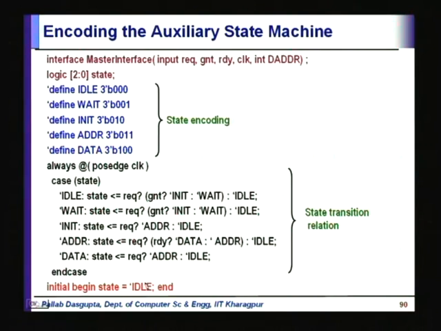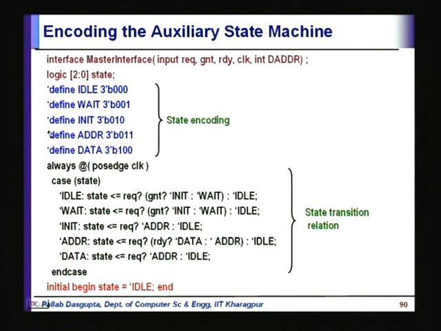Now how do we encode the auxiliary state machine? We can encode the auxiliary state machine inside the interface quite easily like this. This is the state encoding. We have idle, wait, init, ADDR, data, and we encode them with these states. So 3'b000 means 000 is the idle state, 001 is wait, 010 is init, 011 is ADDR, and 100 is data.